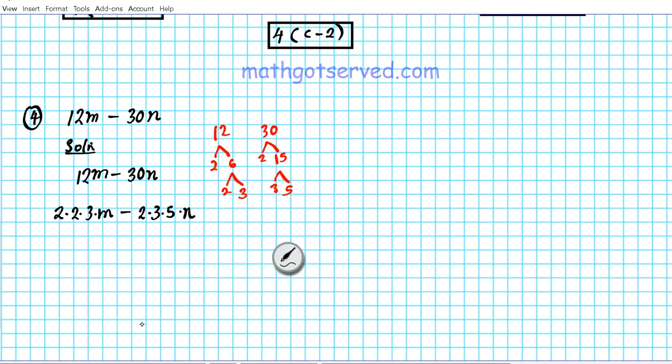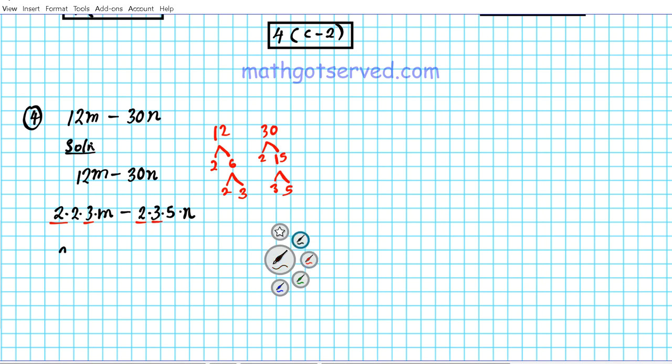All right, so what's common to both terms? To the left and right of the negative sign, we have a 2 and a 2 common, and then a 3 and a 3. Those are common, okay? So those will get factored out.